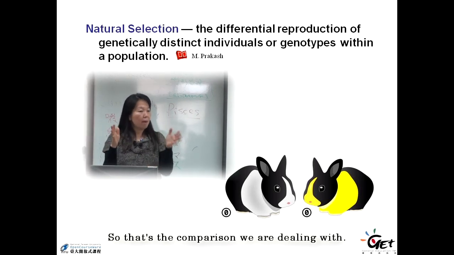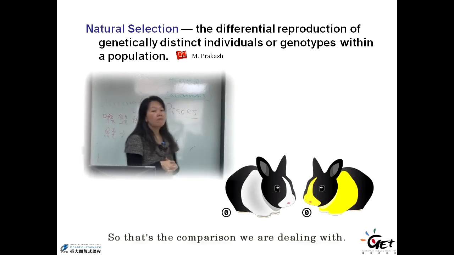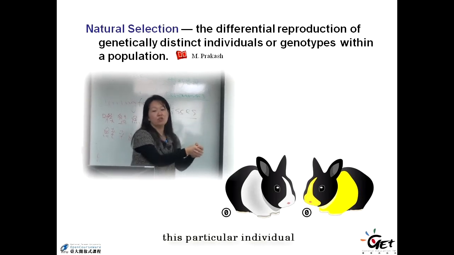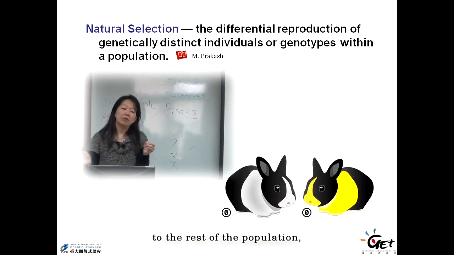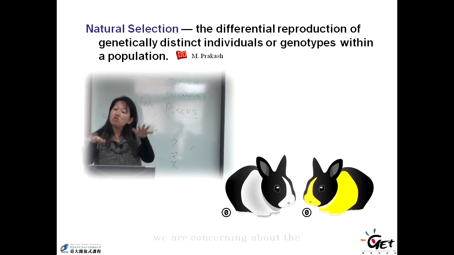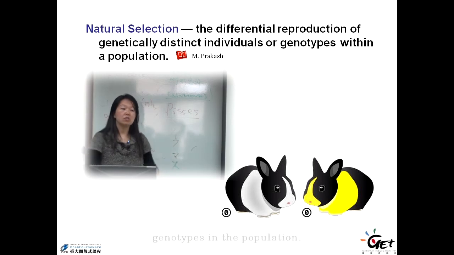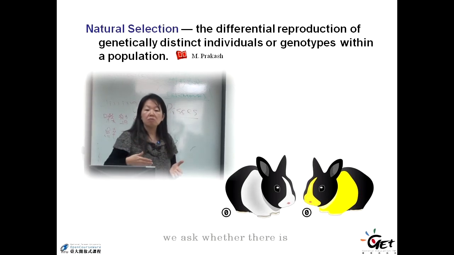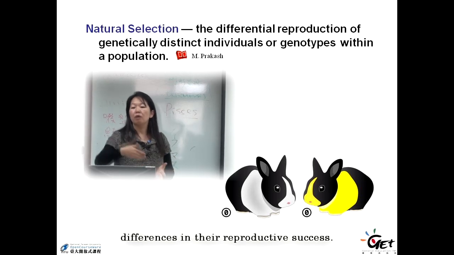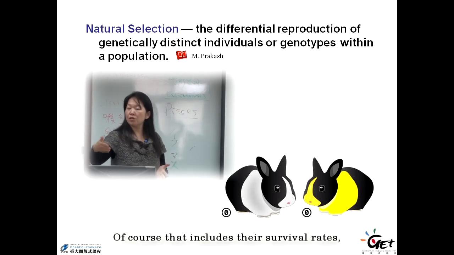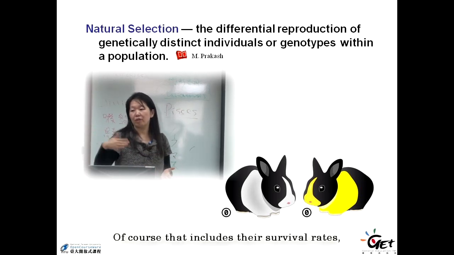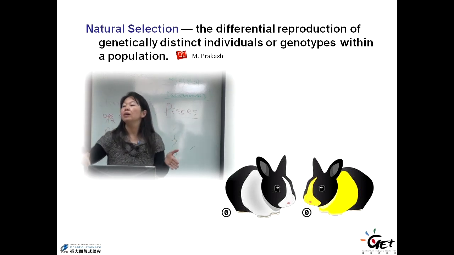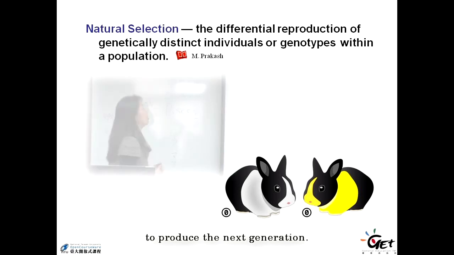That's the comparison we are dealing with. We're not talking about this particular individual compared to the rest of the population. We're concerned with the genotypes in the population. So if there are 3 genotypes, we ask whether there are differences in their reproductive success. Of course, that includes their survival rate, because they have to survive to adulthood to produce the next generation.